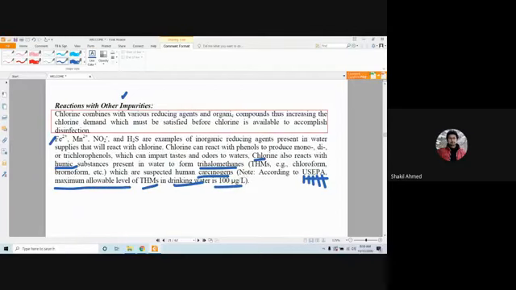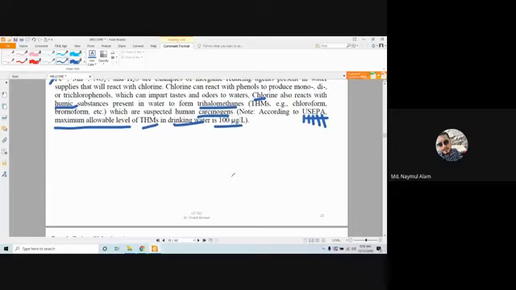You cannot have more than 100 micrograms per liter of trihalomethane in your drinking water, otherwise you may get cancer if you consume water containing excess trihalomethane for a long time. Is it clear? Yes, sir.